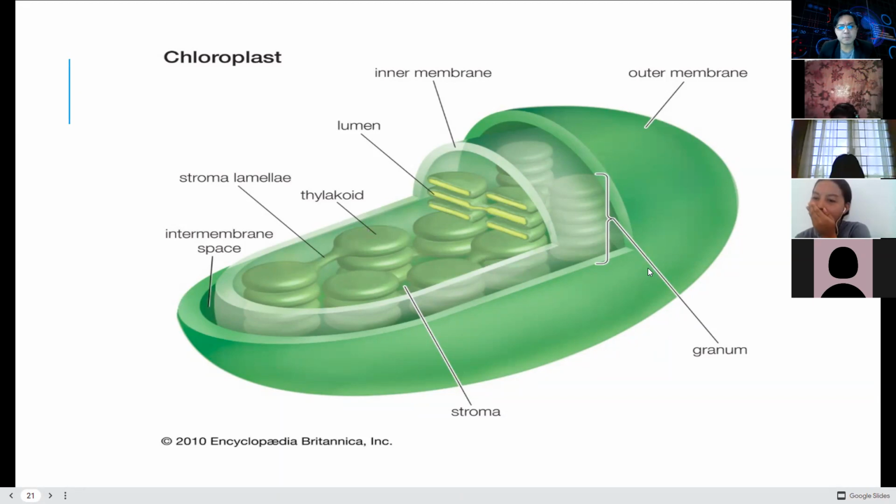By the way, the chloroplast is a specialized structure for food processing or food making. That is why it's really protected. The inner membrane and the outer membrane are the protections. The thylakoid is where the actual photosynthesis happens, the light-dependent reaction. And the light-independent reaction occurs in the stroma.